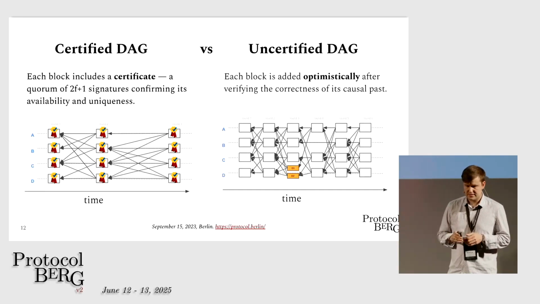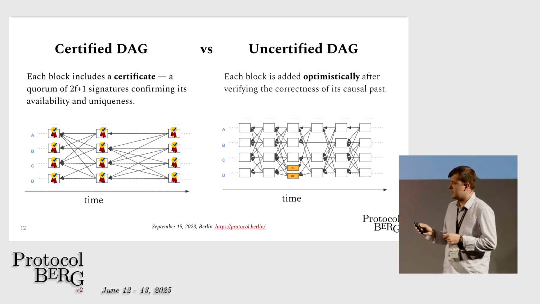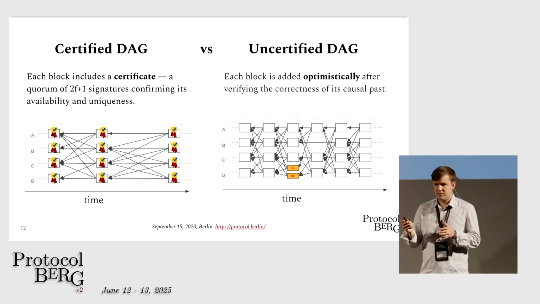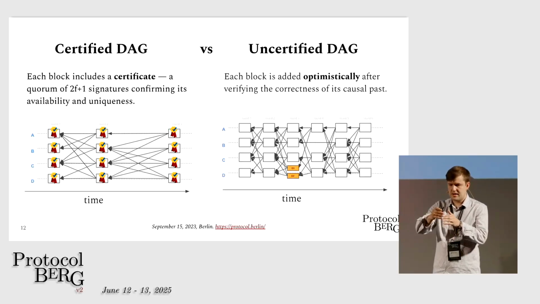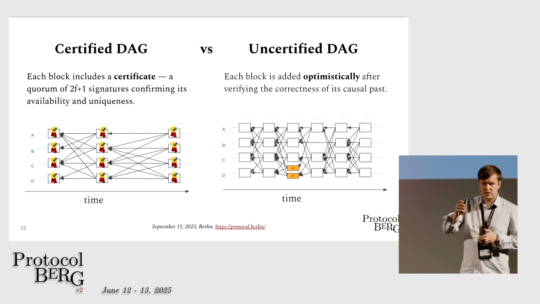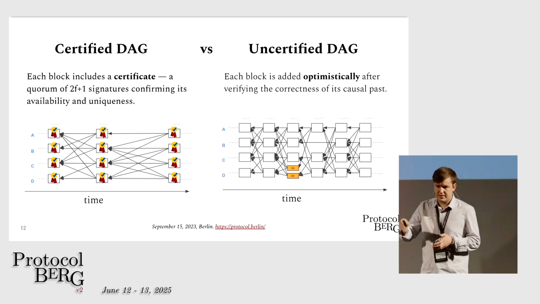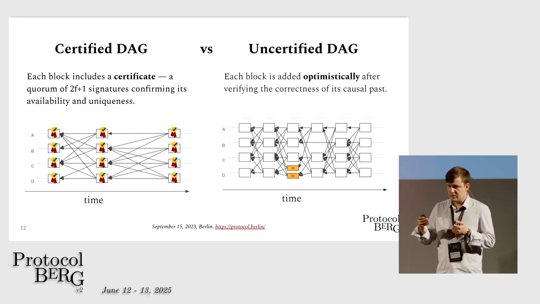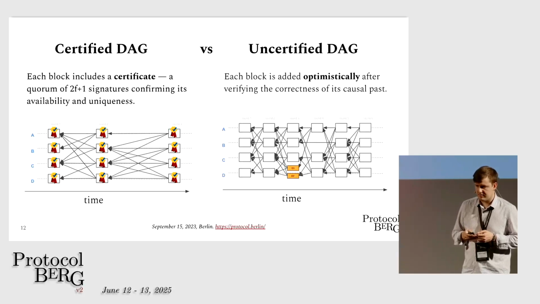DAGs. In uncertified DAGs, we basically receive a block from some peer, and we check that we have all the parents, all the ancestors of this block, and we know all the causal history of this block. After that, we optimistically include such a block in our local DAG.